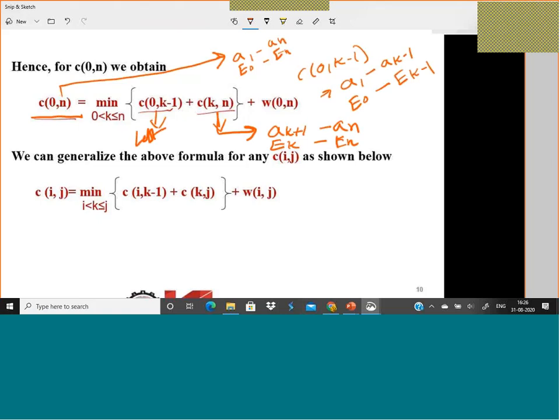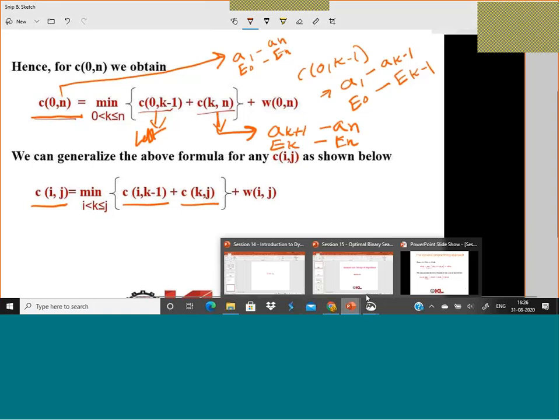But now the cost of the subtrees, that is C of I comma j in general, C of I comma j is equal to the minimum of C of I comma K minus 1, the left subtree, plus the right subtree. Okay, so this is the mathematical formula. It will take some time to understand this one.